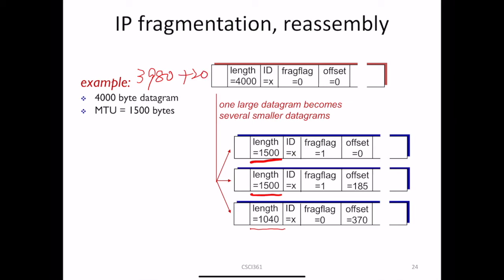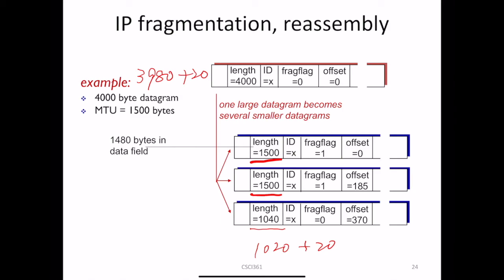Also, each smaller datagram still has 20 bytes of IP header. Therefore, for the first two smaller datagrams, each one has 1480 bytes of real data, and the other 20 bytes is the IP header. And for the last one, the first 1020 bytes will be the real data, or the segment, and the last 20 bytes will be the IP header.